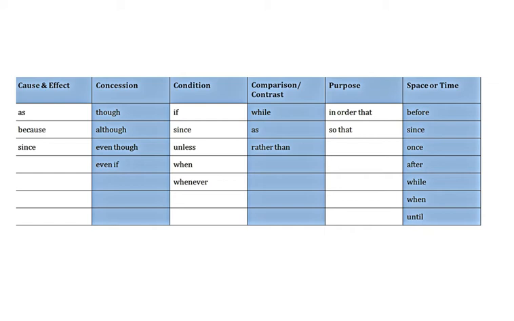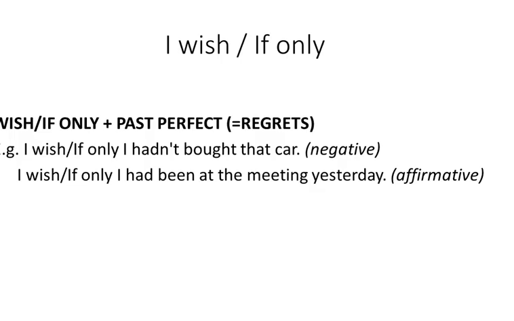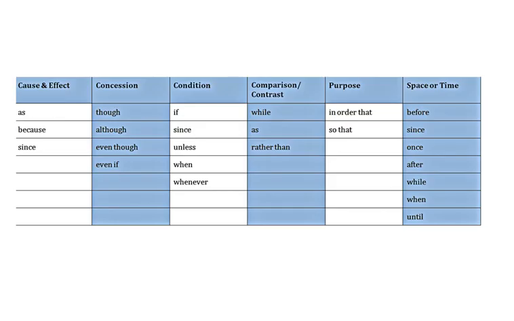You are going to choose the correct linker according to its function or its job in the sentence. As you know, it should be a suitable and correct one. For example, if you say I didn't go to school, you should say because I was ill. So because it is used when we are talking about cause and effect.